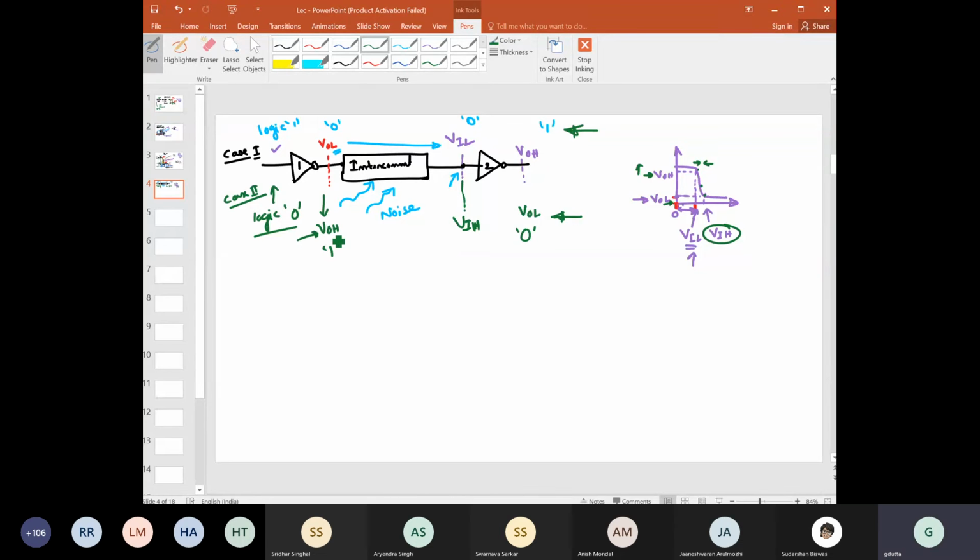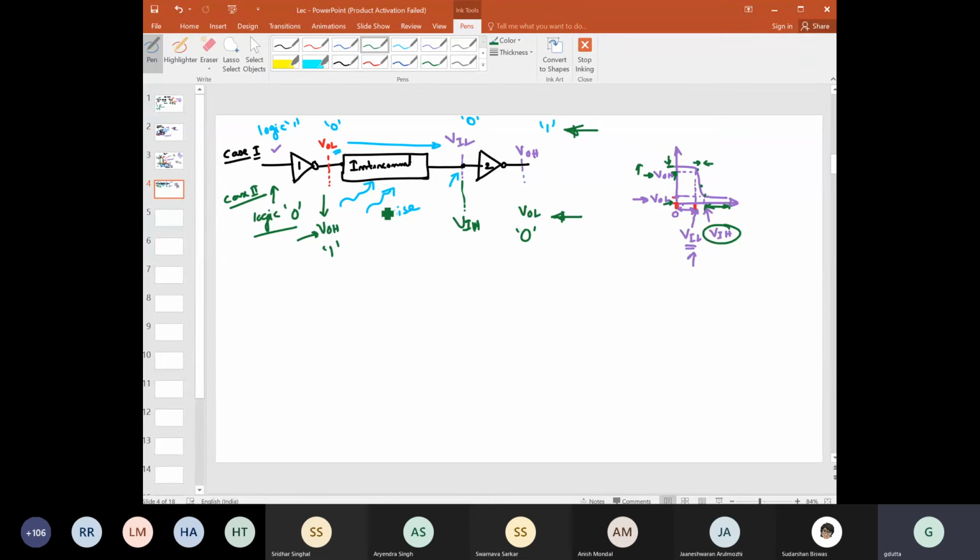If it is VOH, then VOH is this one. And if it is VIH, VIH is this one. We are taking the deviation from the maximum voltage VDD. So you can see the deviation of VIH from this maximum value is much higher compared to that of VOH.